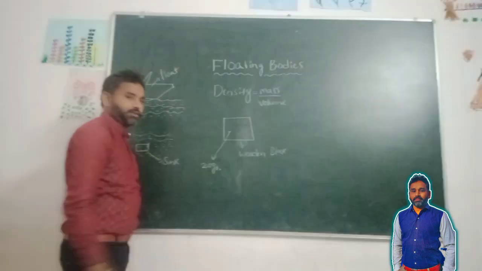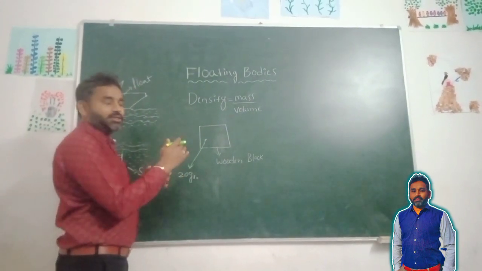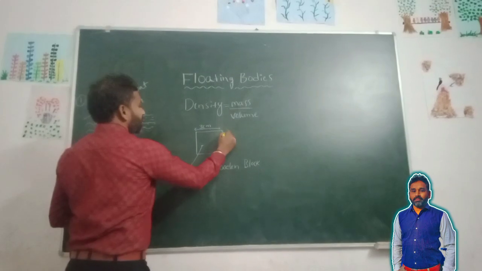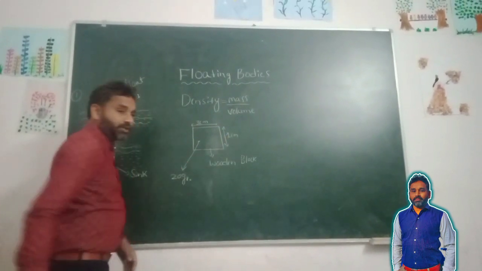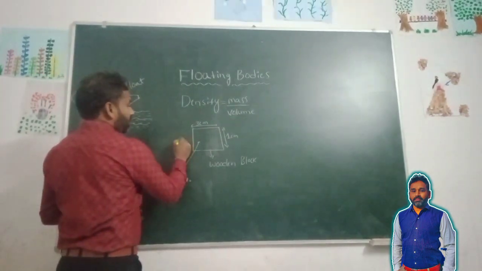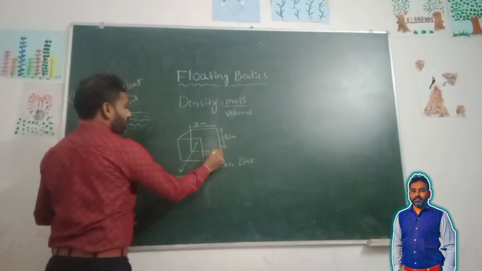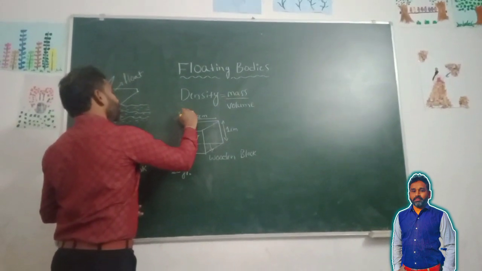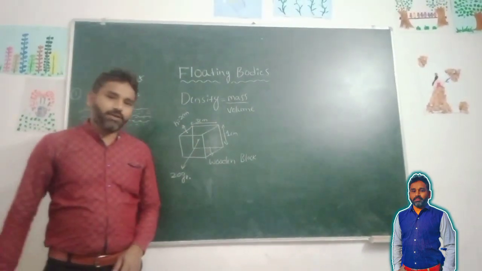Take some dimensions like length, breadth and height. Length is 3 centimeters, breadth is 1 centimeter, and taking the height as 2 centimeters. These are all the dimensions of the block.